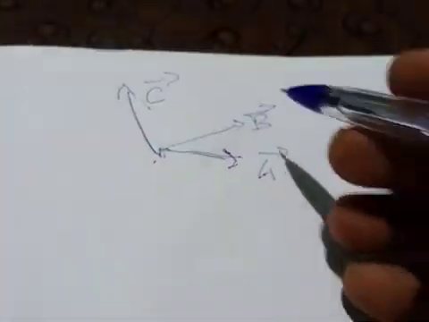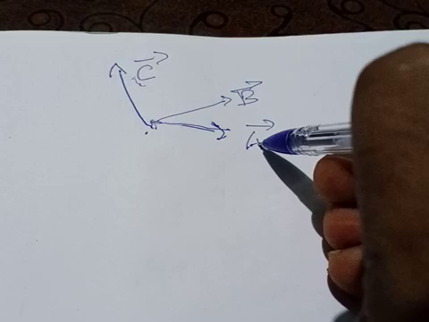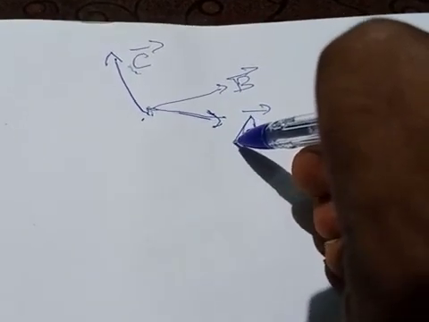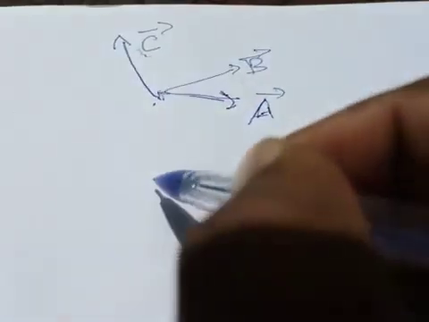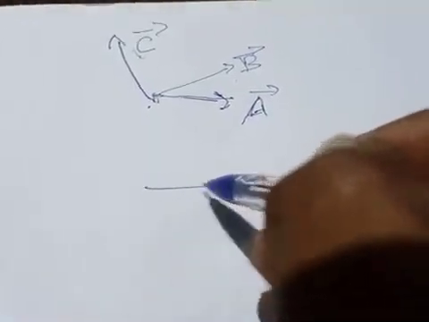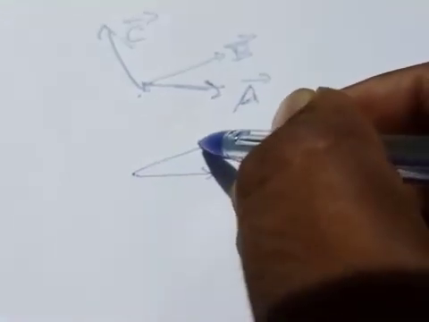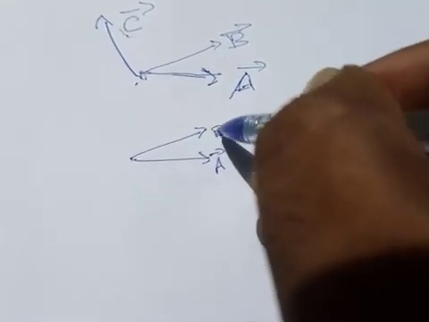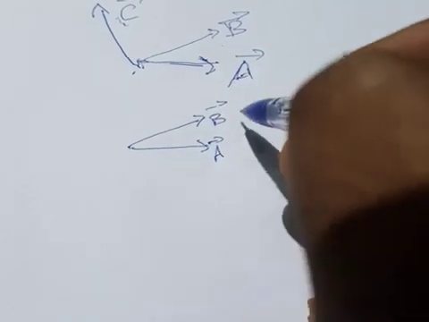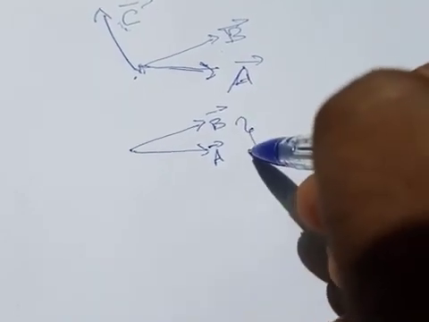Here you can see two vectors, A vector and B vector. One vector is in one direction, another vector is in another direction. So this is A vector, this is B vector. So the resultant of these two vectors will be another vector which is called C vector.